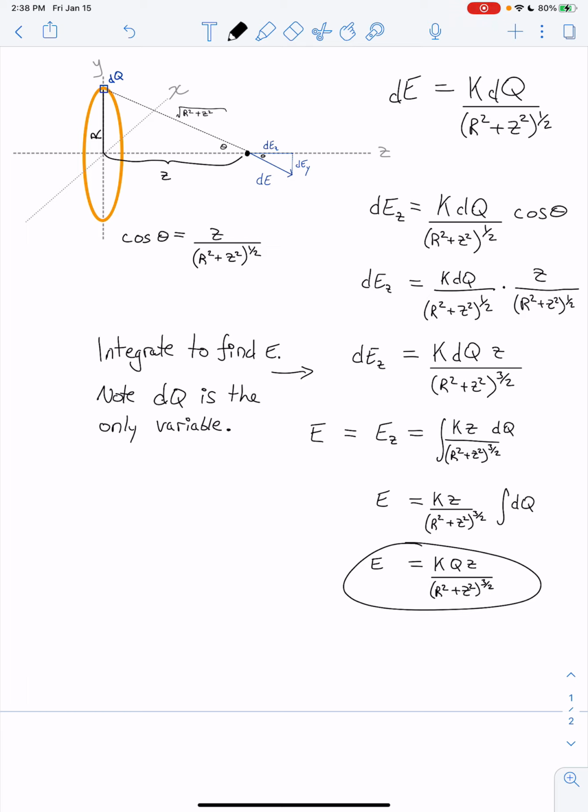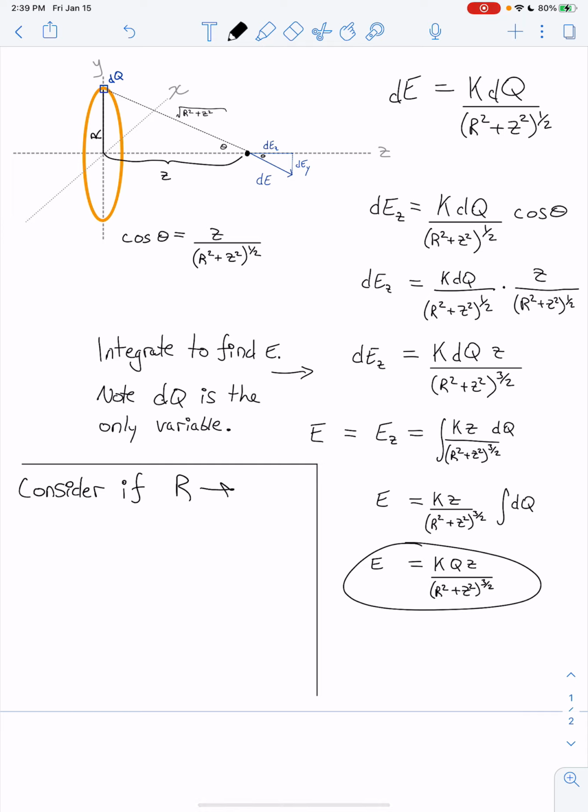Now, let's do one last thing. Carve a little bit of space off here. And let's take a look at, consider if r, so this radius of this ring, goes to 0. Okay, well, let's just bring this equation over for a moment.